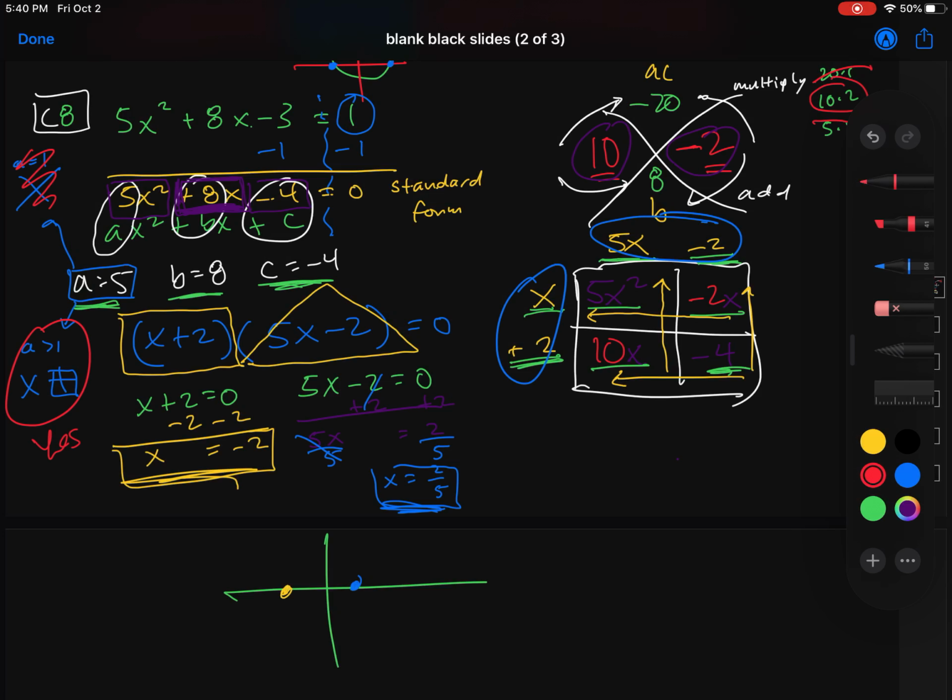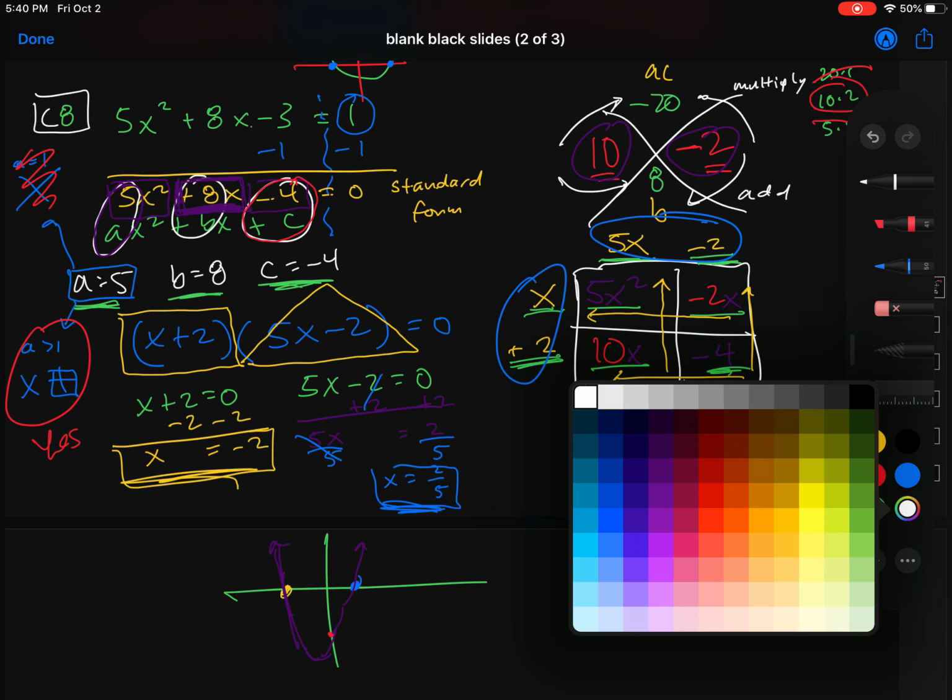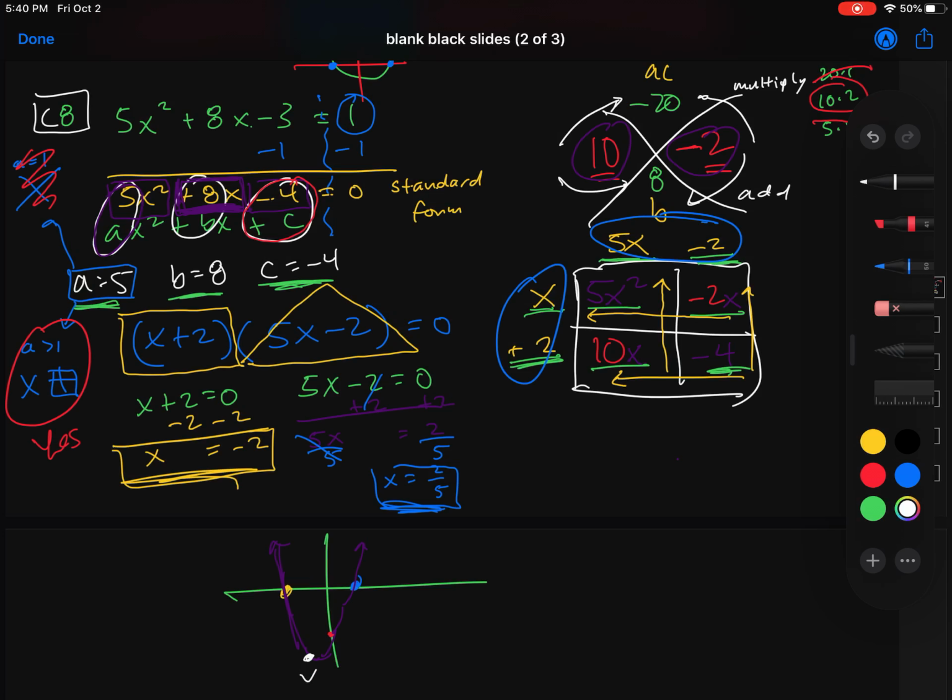I have a c value that is -4, and an a value that is positive. So the graph's going to open up. And the common mistake I'm just going to highlight is that the vertex is not always the y-intercept. Okay, so that's how you piece it all together.